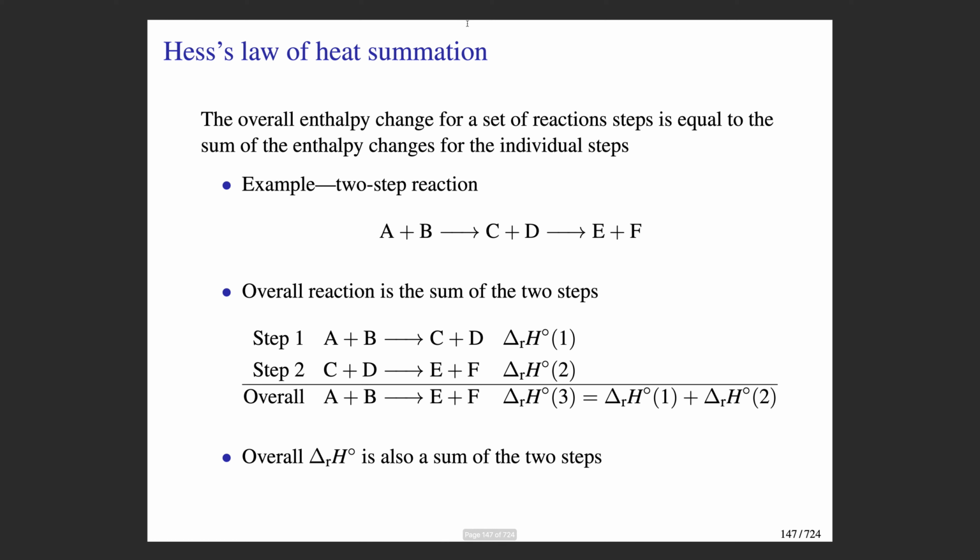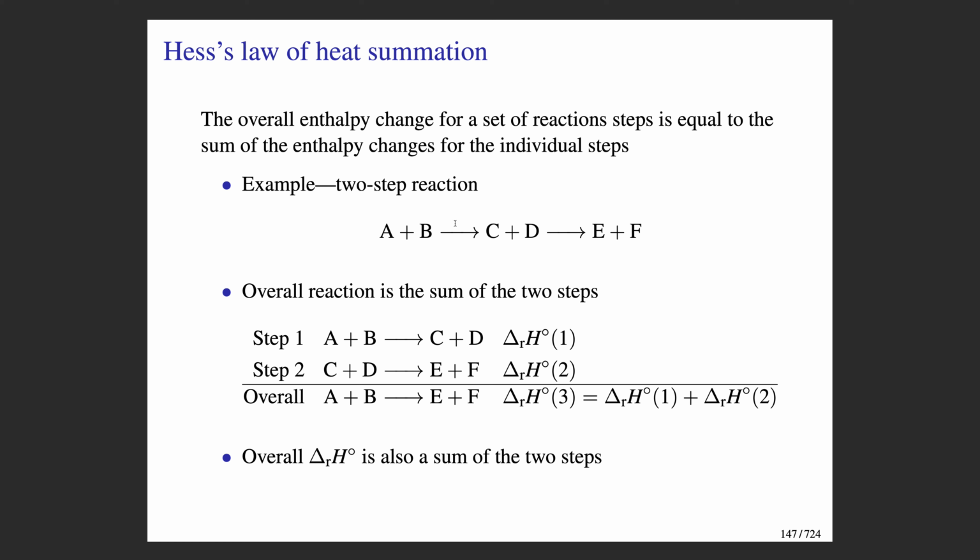In this next topic, we're going to be discussing Hess's law of heat summation. Because enthalpy is a state function, the enthalpy change for a chemical reaction is independent of the path. So, for example, we can consider a 2-step reaction here.